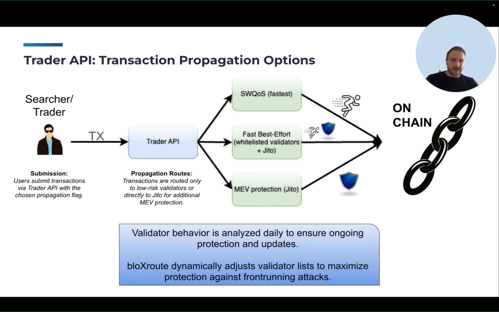We put in a lot of effort to map out the validators that act maliciously and tend to front-run transactions. So we do have really good mechanisms for ensuring that your transactions are not front-run. But depending on your strategy, if you're less interested in that and more interested in landing transactions extremely fast, we also have a very good, strong, trusted network of high-stake validators that we send our transactions through.